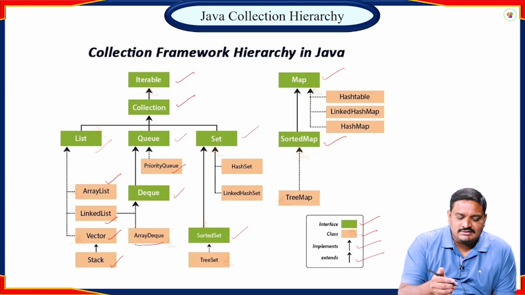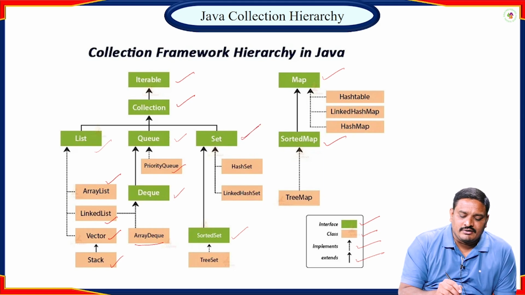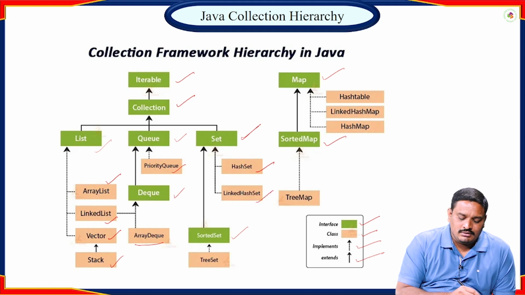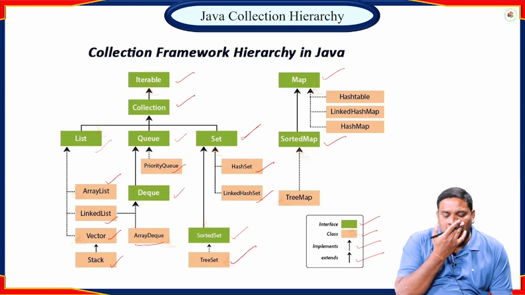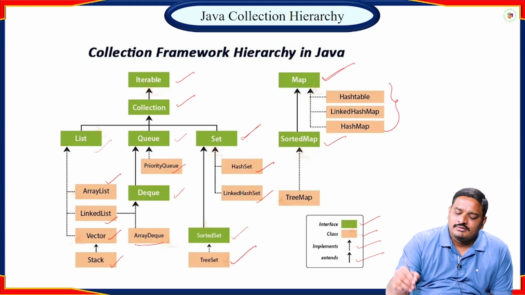The next interface is the Set interface. Under the Set interface, the two classes are HashSet and LinkedHashSet. The next interface is SortedSet. Under SortedSet, TreeSet is there. Coming to the Map interface, under the Map interface there are three classes.